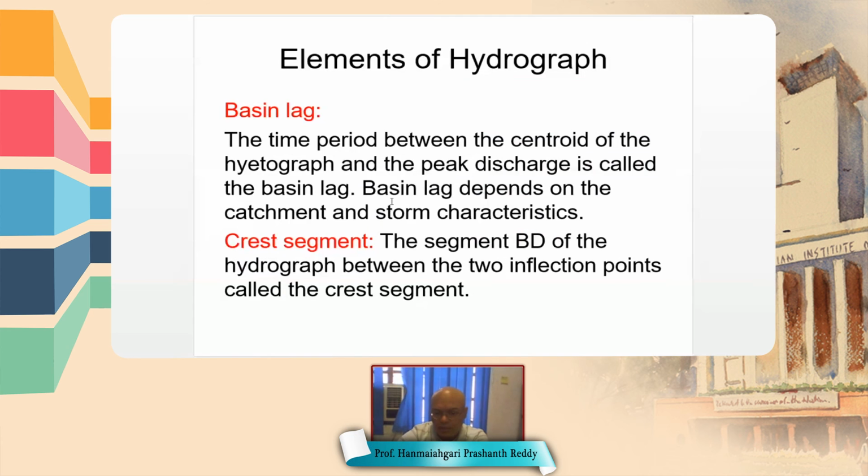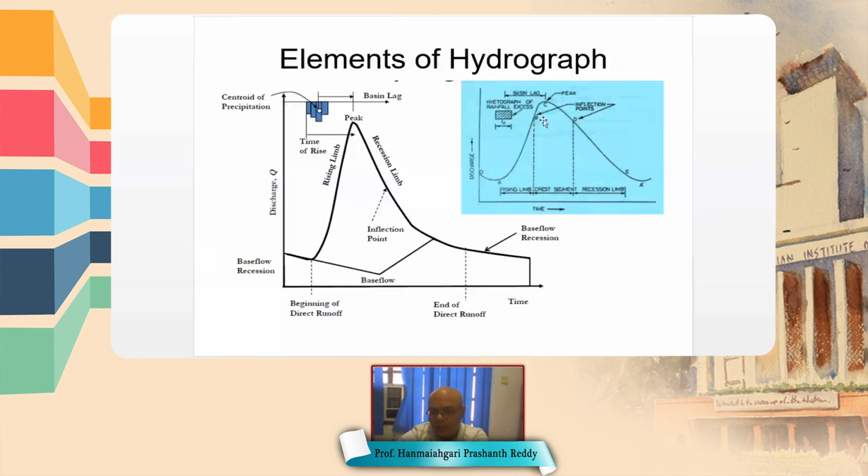Basin lag also depends on catchment and rainfall characteristics. Then there is a crest segment BD. These points can be marked by marking inflection points.